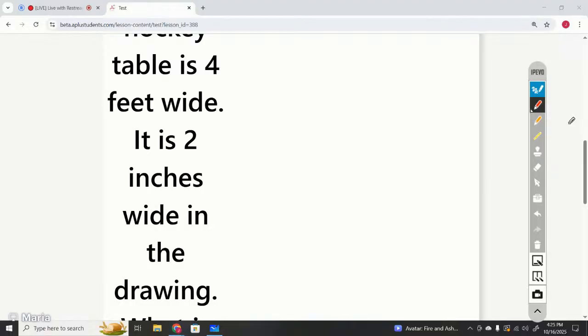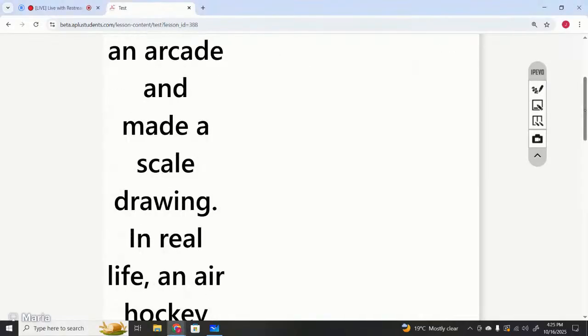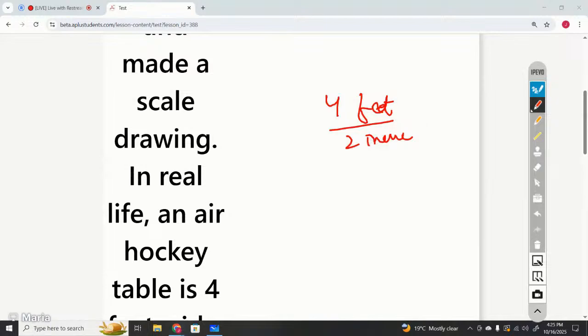But actually it is 4 feet and in the drawing it is 2 inches. So we need to calculate 1 inch equals how many feet, right? 1 inch equals how many feet?